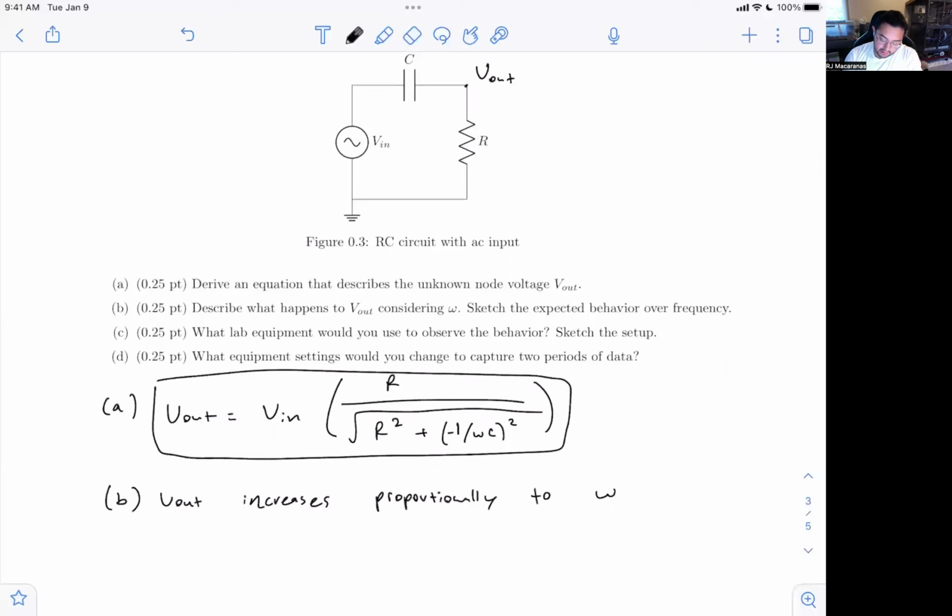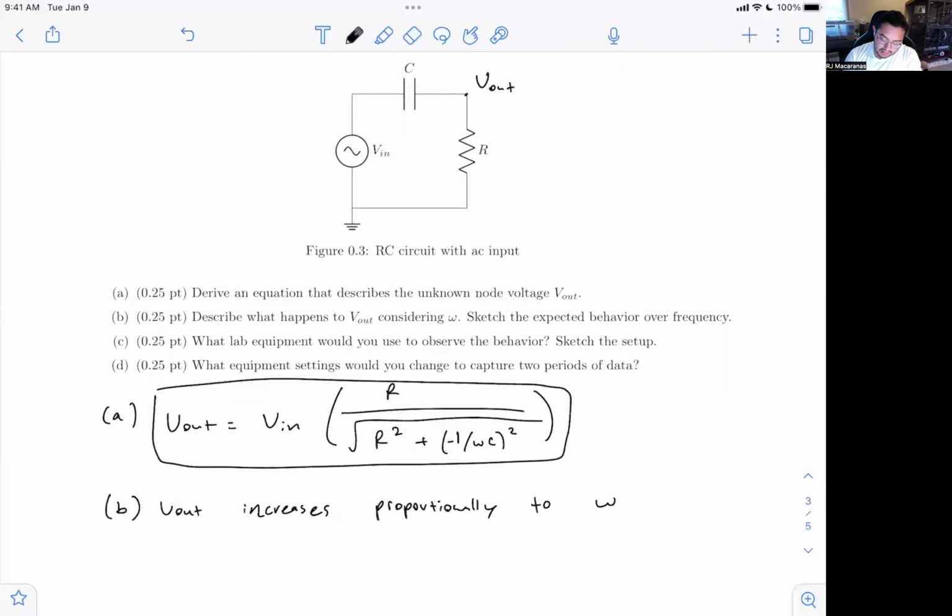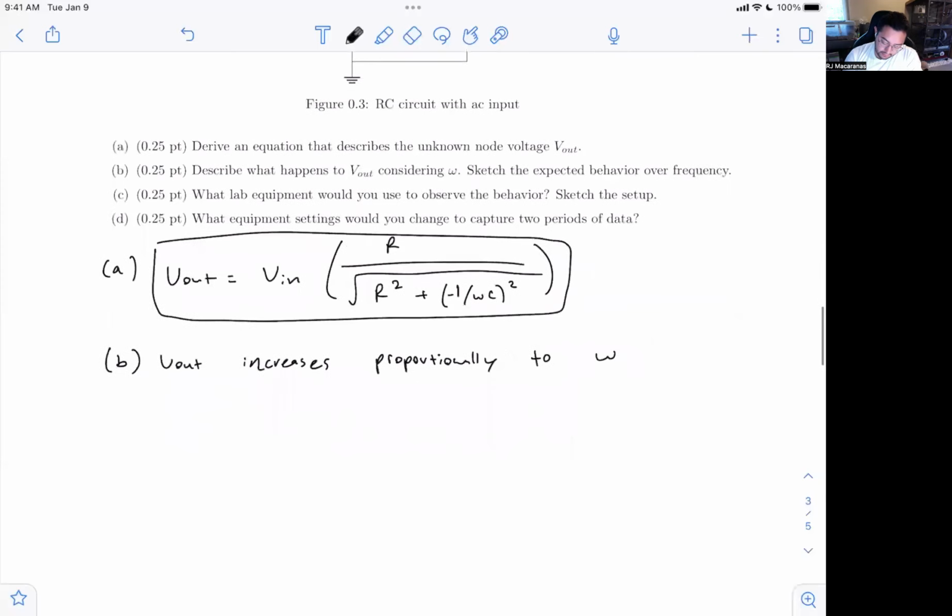And so when omega is 0, this capacitor takes up all of the charge, and so the output voltage is going to be driven to 0. If we draw this, we have our output voltage, we start off at 0.